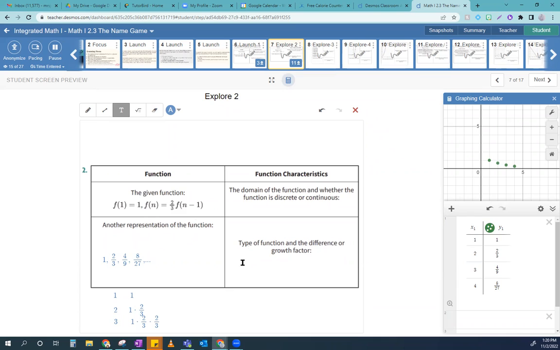Yeah, it's a growth factor. Why is it growth factor? Someone explain. Oops, we should say of what? Growth factor of what?